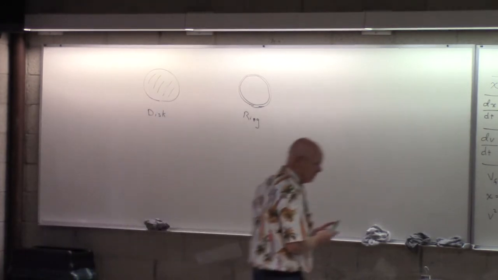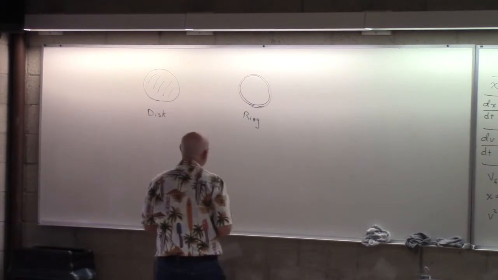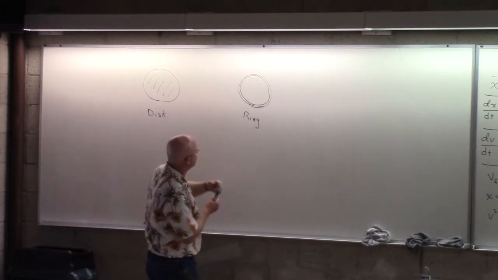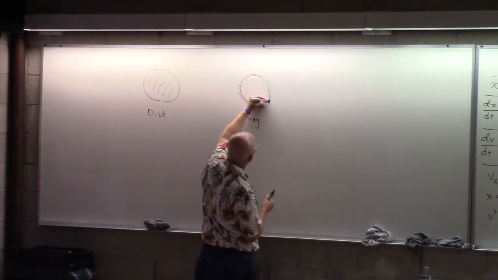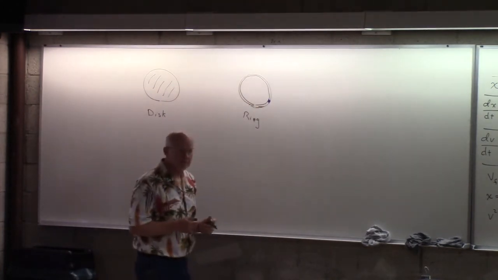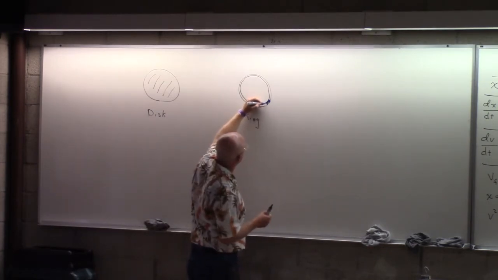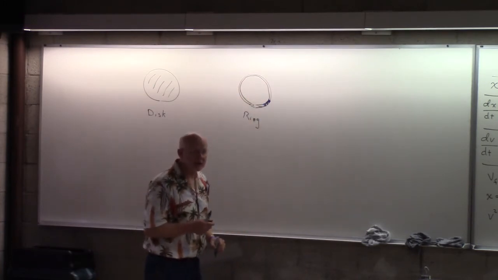And so maybe it'll stand out if I take a different color here. If I wanted to know the rotational inertia of this ring, I would take a small little piece and then add that to another small little piece and add that to another small little piece.